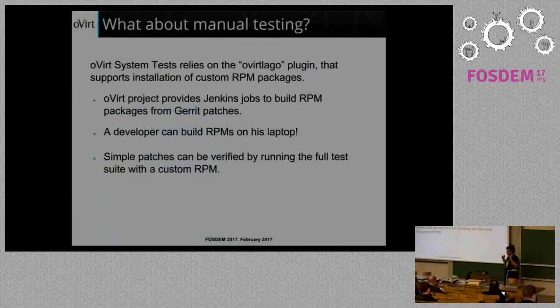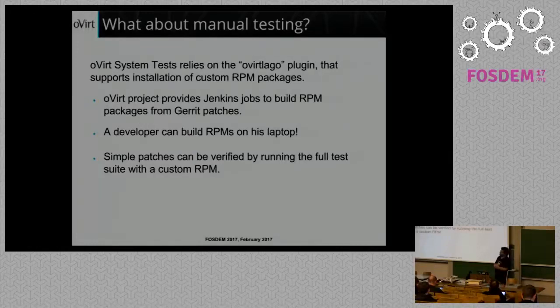Now I'll talk about the real point of this talk, that is doing manual testing. Because automated tests are good, are needed, but we also need manual tests to improve our workflow when testing patches.